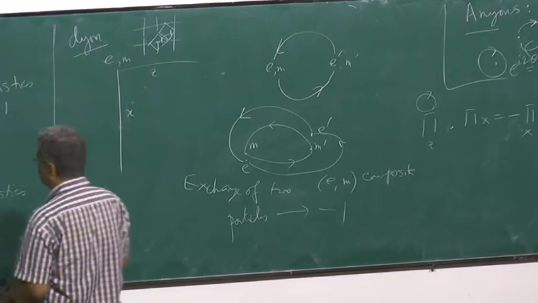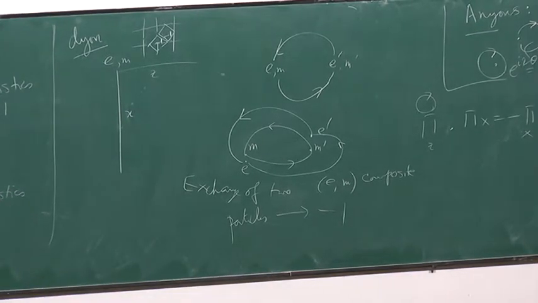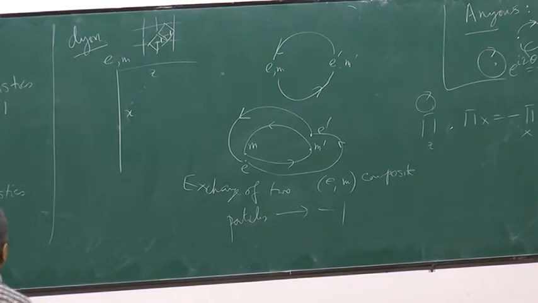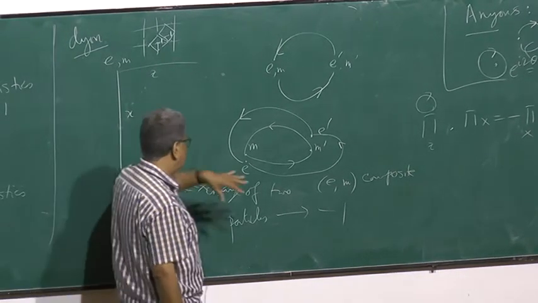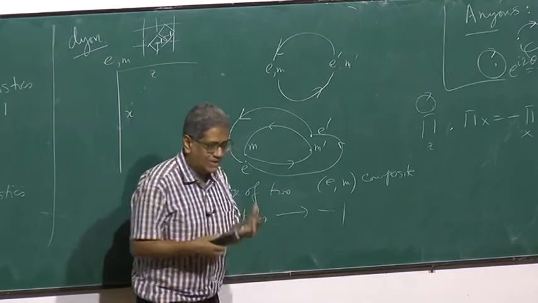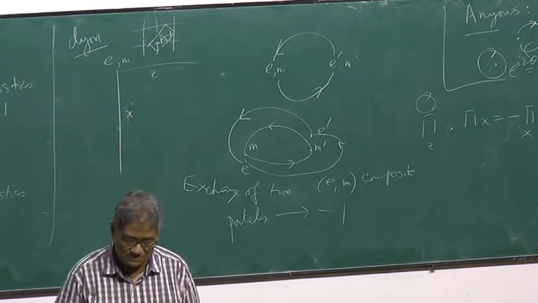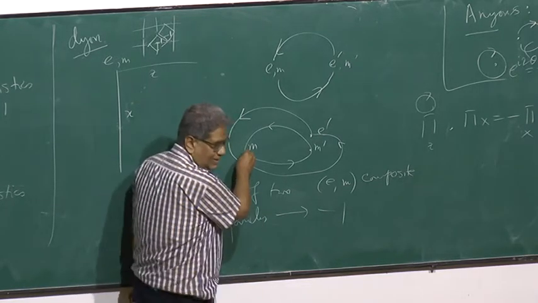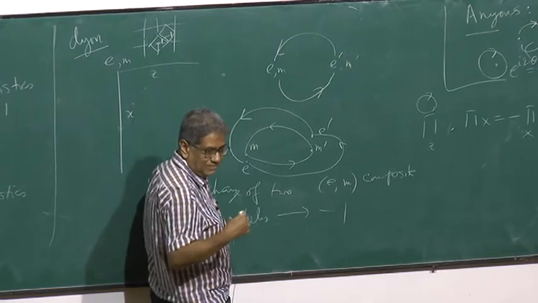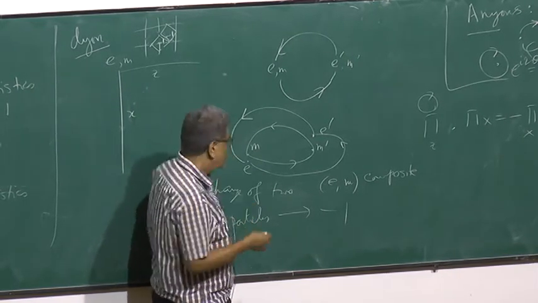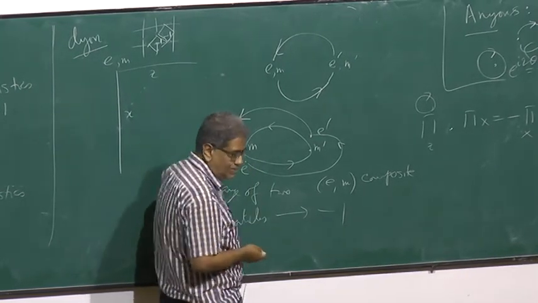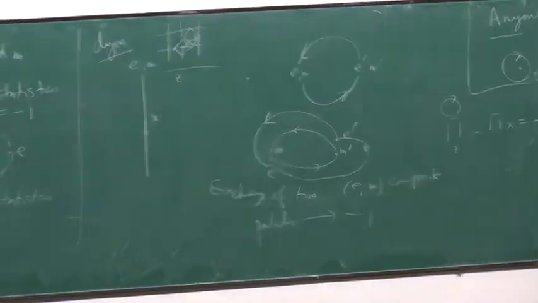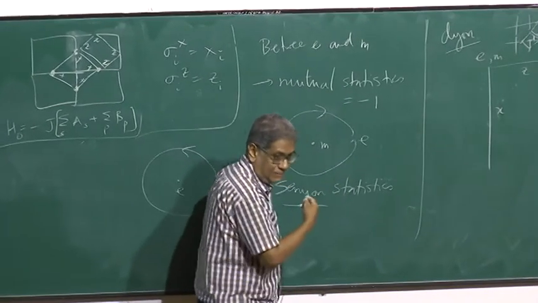Right. Okay, so now I can probably explain a little bit better why these are called electric and magnetic charges. The idea is that if you want, you can interpret this as a kind of Aharonov-Bohm phase. You can say that associated with M there is a magnetic flux coming out of the board, and the E is associated with the charge. So in this process, you have a magnetic flux coming out and there is an E going around it.